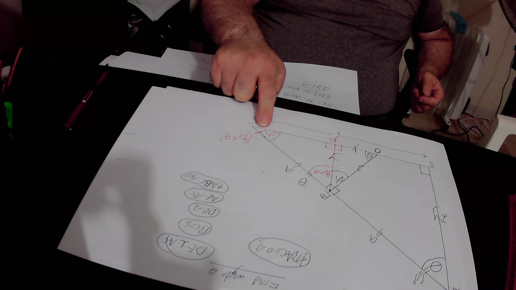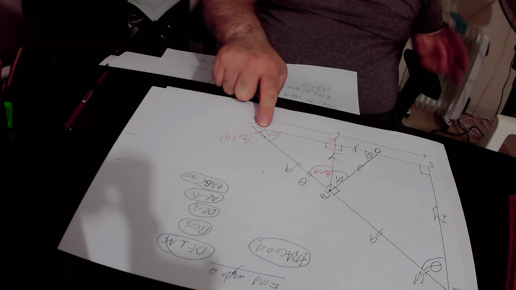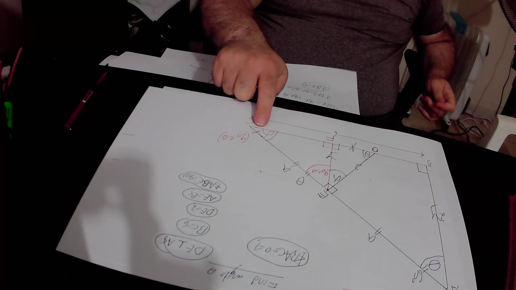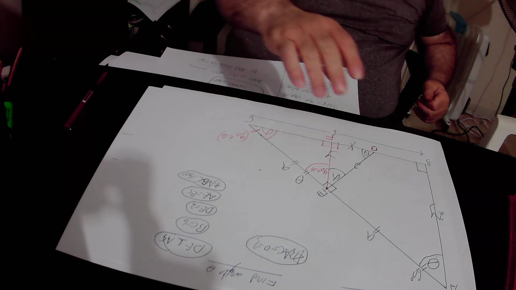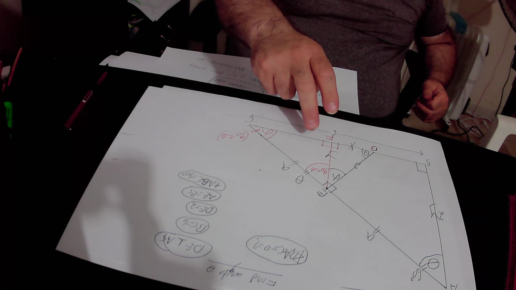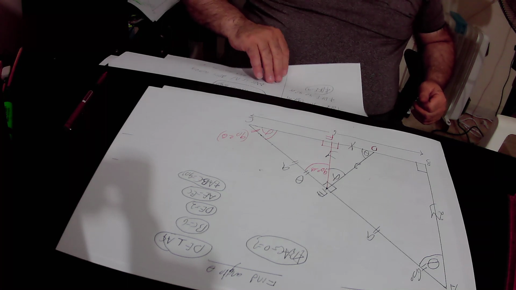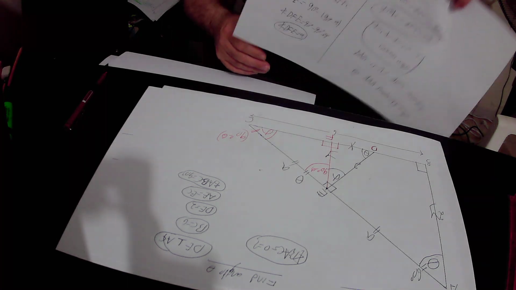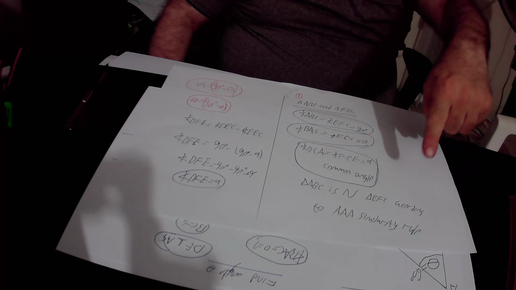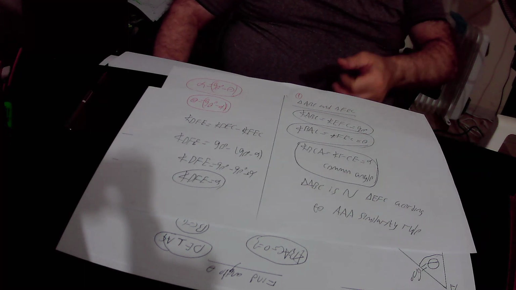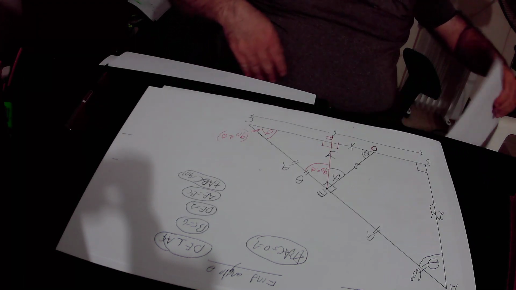And this angle alpha is a common angle that belongs to both triangles. So we actually proved that all the angles of triangle ABC are equal to all the angles of triangle EFC. Therefore, we can derive that triangle ABC is similar to triangle FEC according to the angle similarity rule.